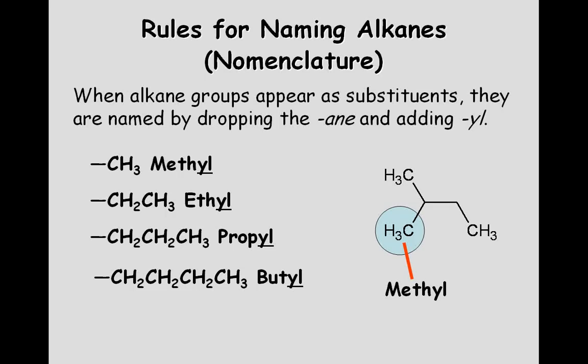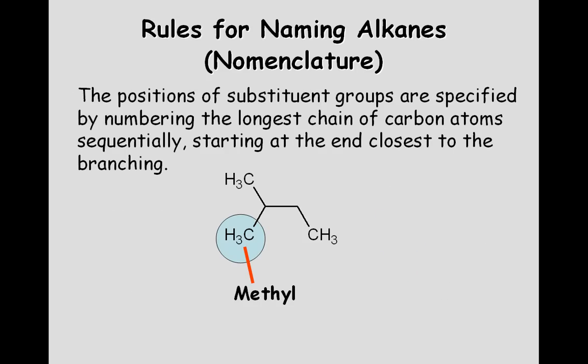So far we have the base of that compound is butane because there are 4 carbons, and we have a methyl group attached to the chain. Now, we also need to indicate where that methyl group is located, so on which carbon. We had the chain numbered before, 1, 2, 3, 4.